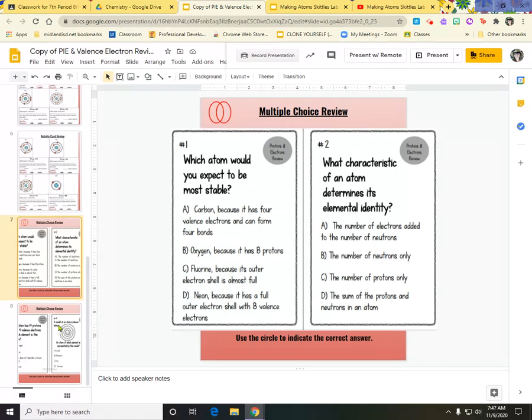And then they are also reiterating that valence electrons determine chemical reactivity and chemical properties. So if it talks about whether it's reactive or not, it has to be talking about the valence. If it's talking about chemical properties, it has to be talking about the valence. If it's talking about identity, that's protons.